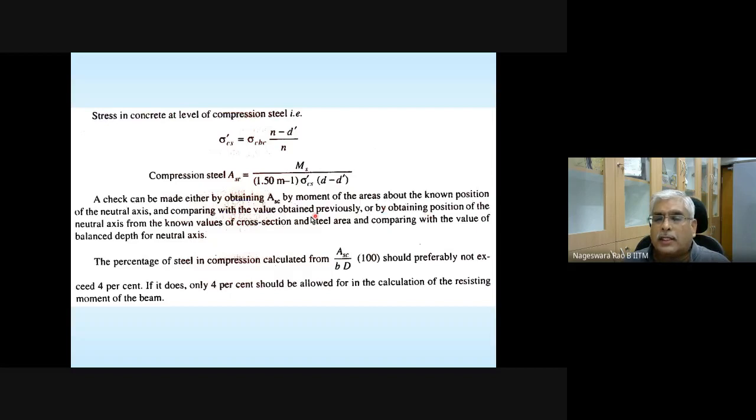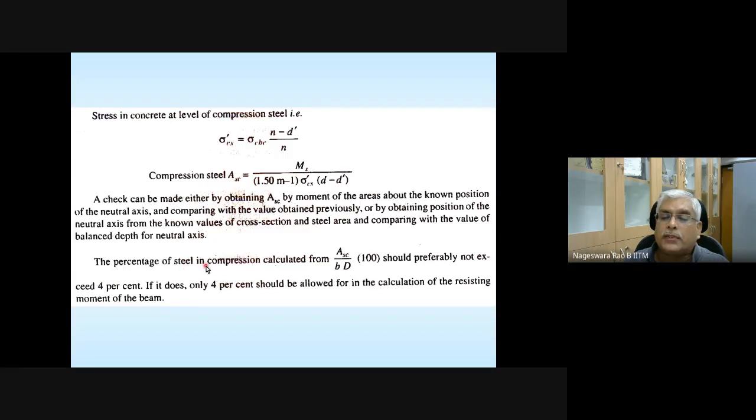And one more thing, whatever amount of compression steel that you provided here, the code is putting some restrictions on this. What we are going to discuss about this restriction of the compression steel is also given in code IS 456 page 47. So let's read this.